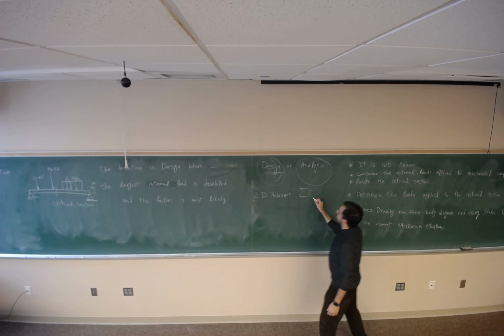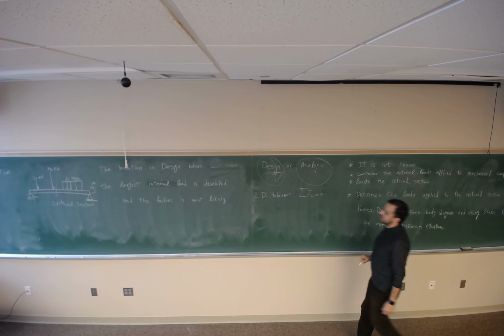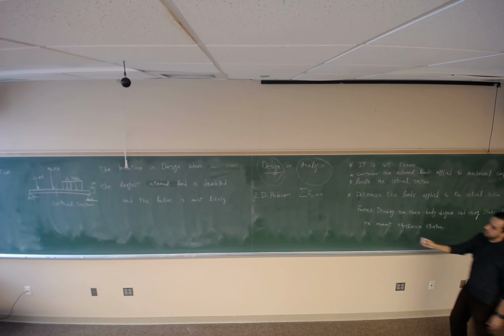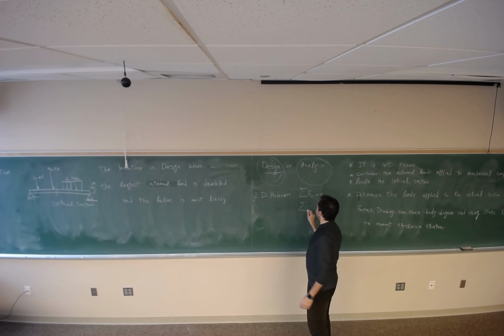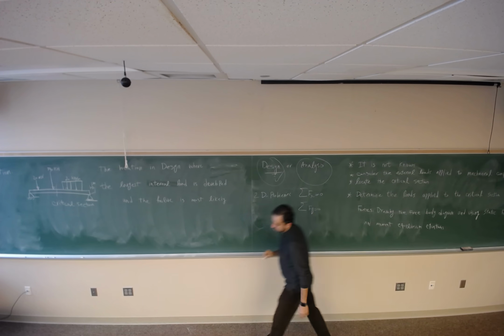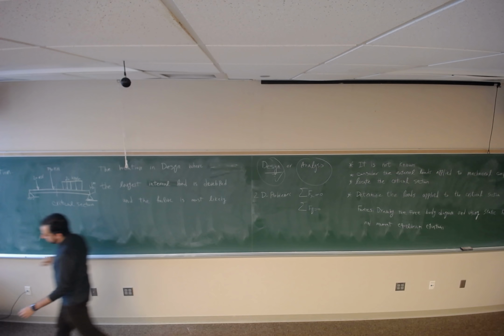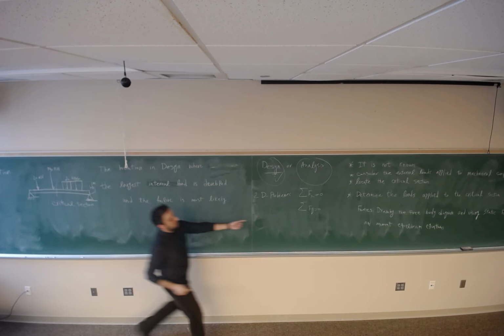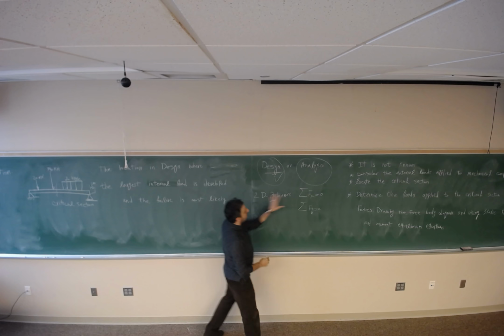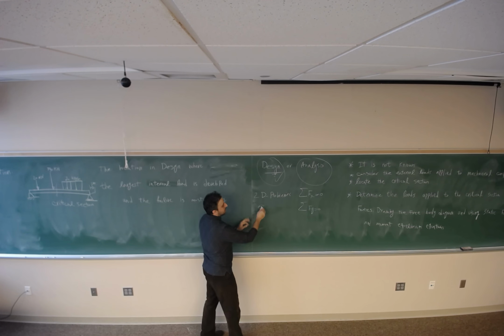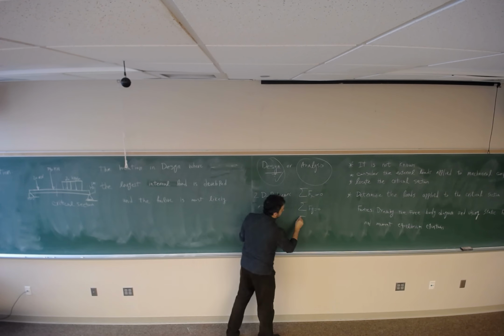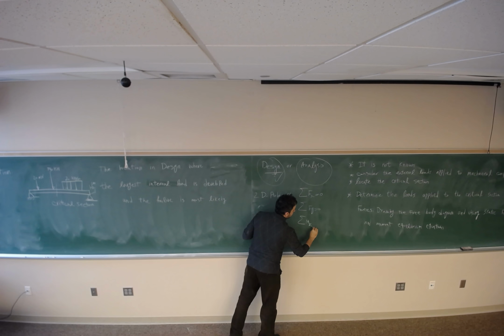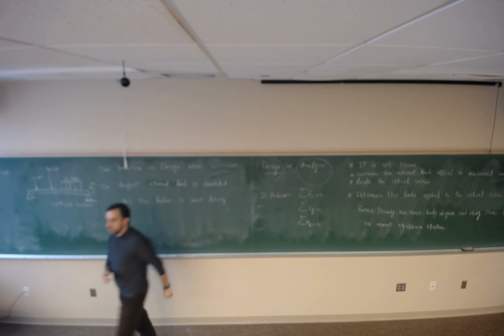The summation of forces applied in the x direction should be equal to 0, and the force along the y direction should be 0. It's a force equilibrium. And moment equilibrium in the two-dimensional plane, it can rotate about the z-axis, which is coming out of the plane. Sigma Mz equals 0. So 3 equations for two-dimensional.